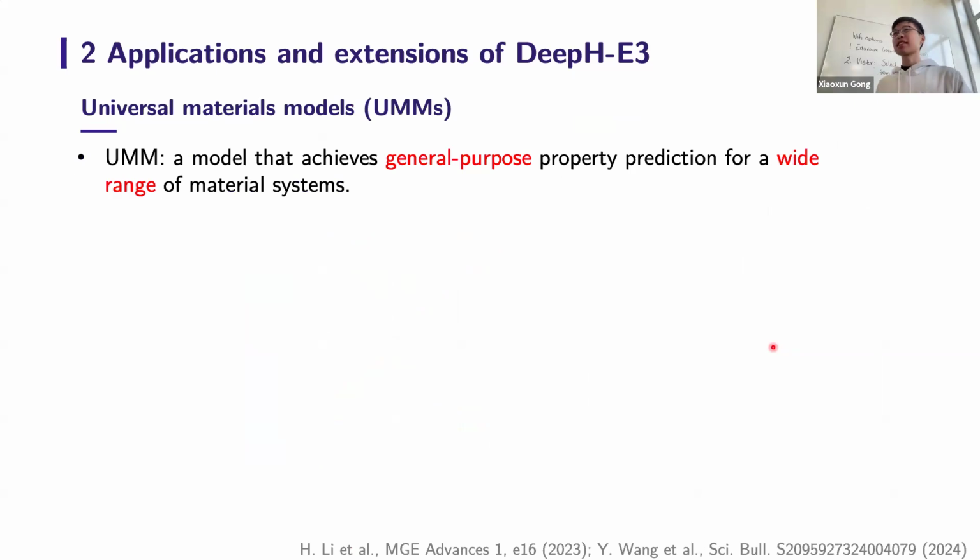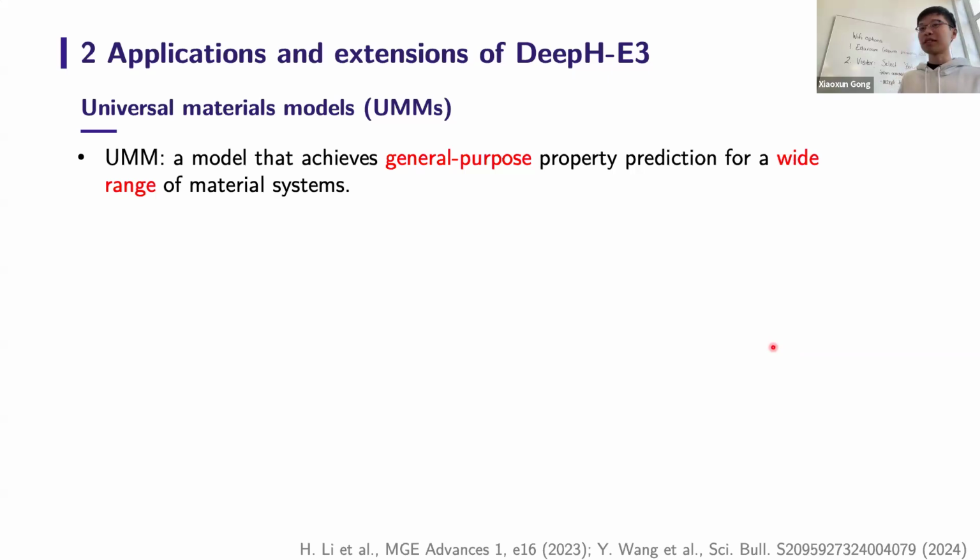Right, so inspired by our success of this general model, we are building a more ambitious project, which is a universal materials model. We already know from the deep learning potential model that building large models can give us new physics and open up new research directions. But all of these universal machine learning potentials only predict the total energy and forces of the materials.